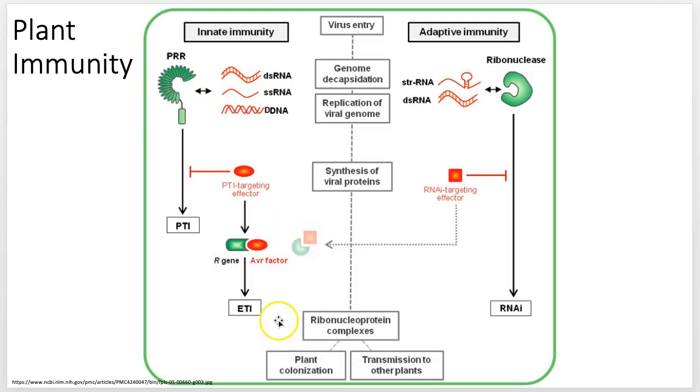There can be some crossover there, but they sort of mount different immune responses. It's a whole other world. If you take immunology, you might talk about it, but in this class, we're not going to spend too much time on that. But as far as adaptive immunity, that's a really interesting world.